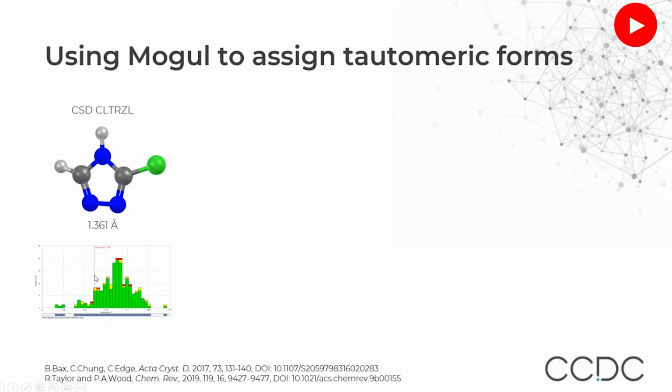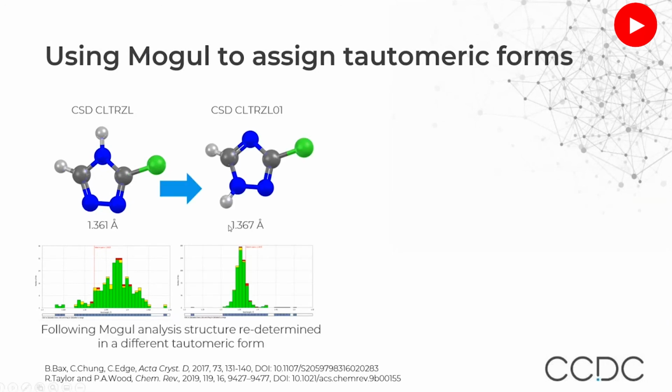If I run Mogul today, then I can see my value on the histogram, and it's off the peak of the histogram. So what the authors did, they did a Mogul analysis, and it led to a redetermination of the structure in a different tautomeric form.